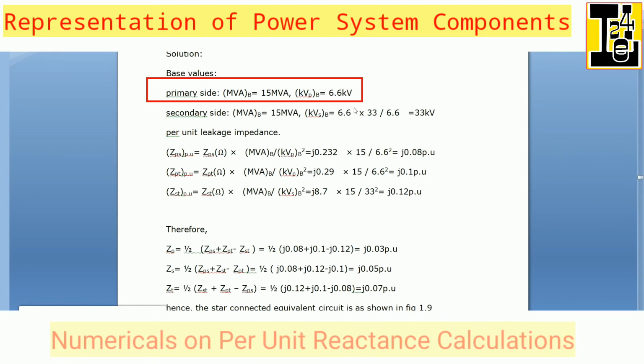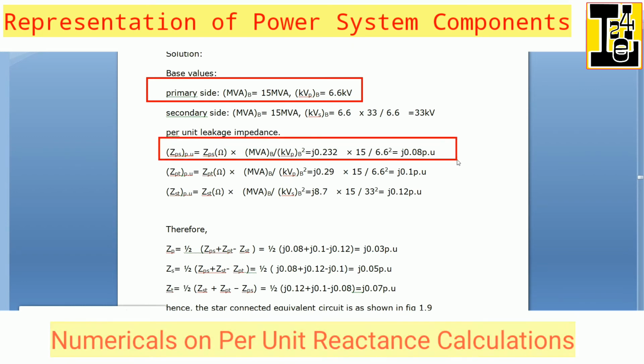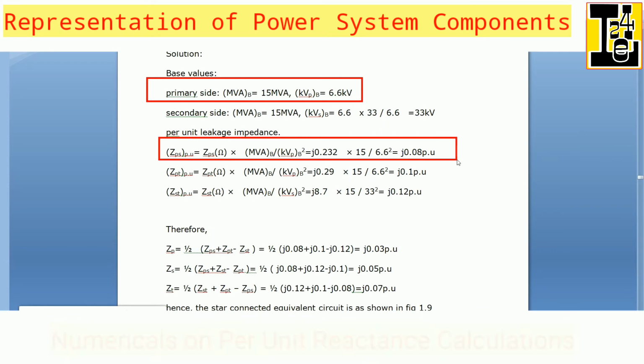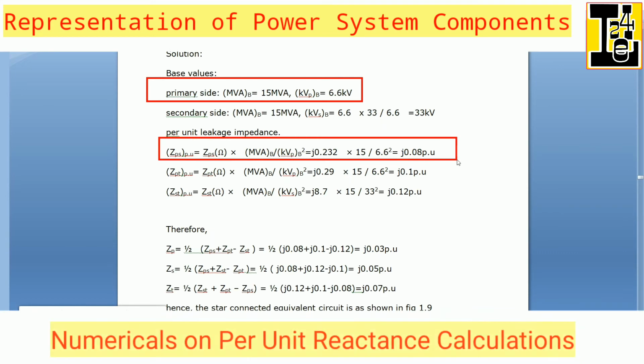So let us calculate the per unit leakage impedance. ZPS per unit is equal to ZPS in ohm into MVA base divided by kV base primary square, which is 0.232 into 15 divided by 6.6 square, equal to 0.08 per unit.